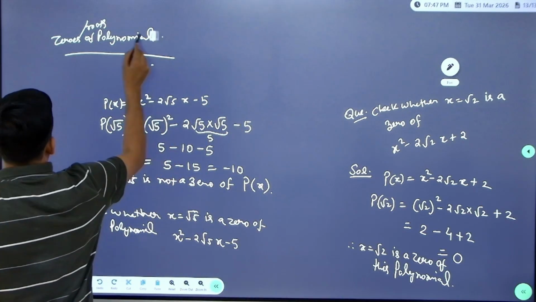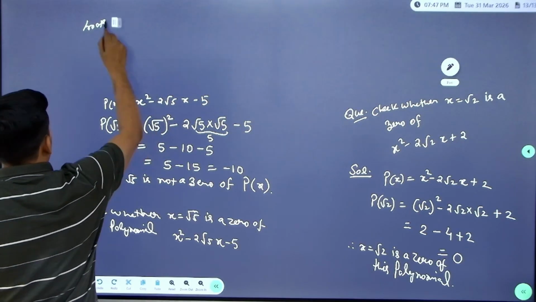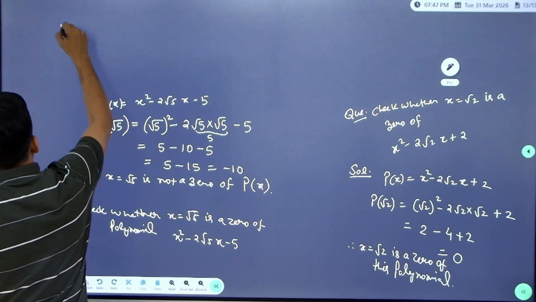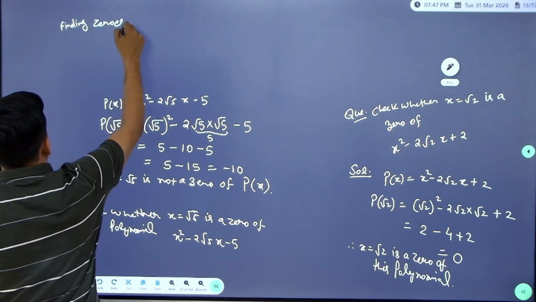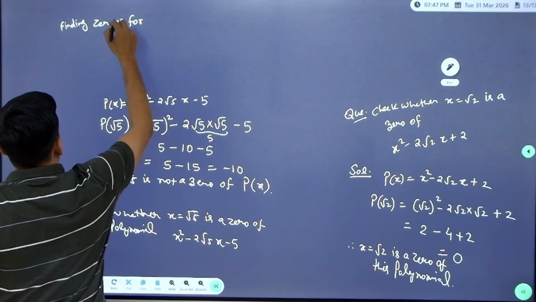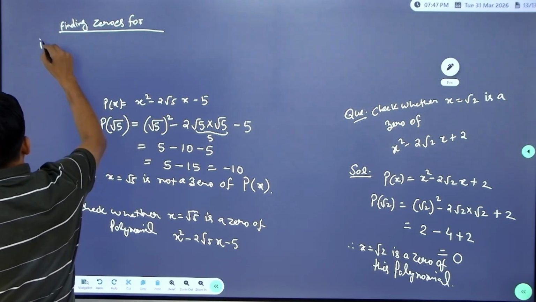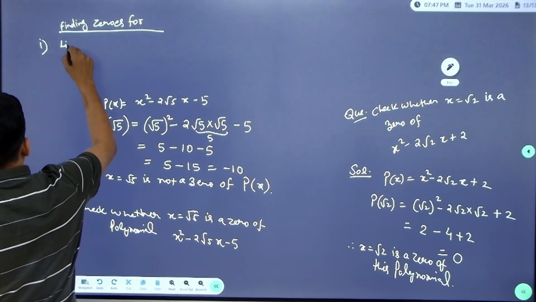Now the next topic is finding zeros of the polynomial. First one is finding zeros for a linear polynomial.